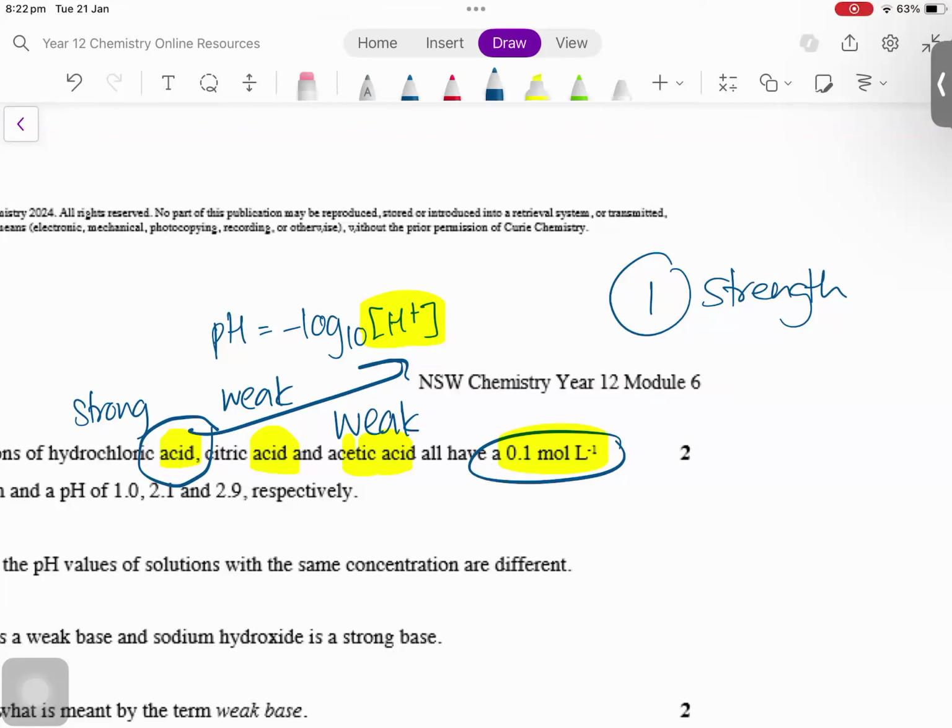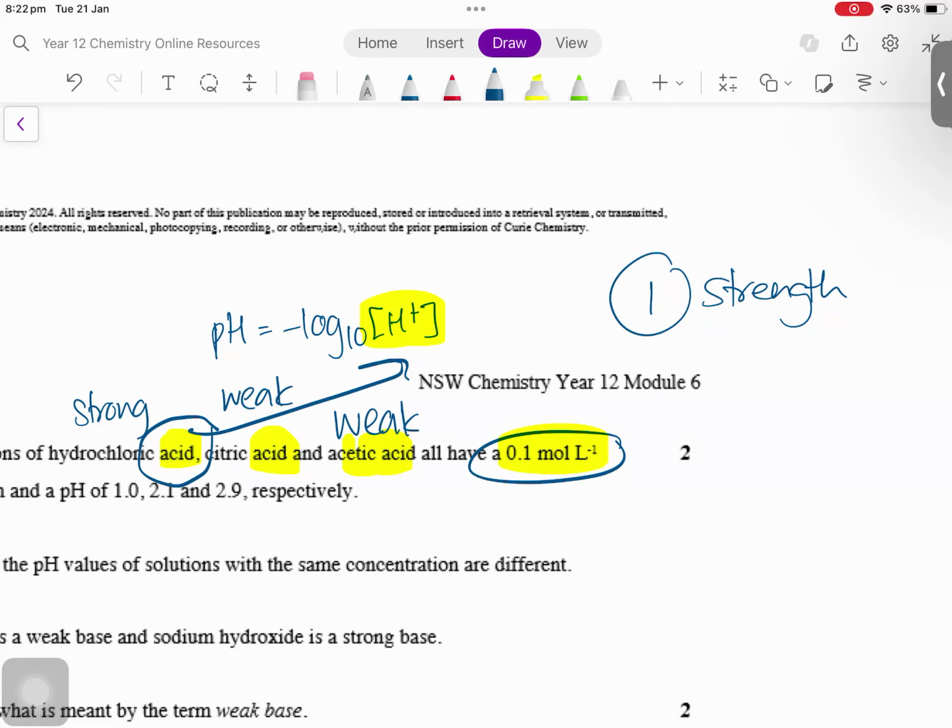Yeah. Can you put your answer to everyone? Just copy paste the whole thing. I want to give you credit where credit's due. Yeah, good. Strength is about if it's even willing to give away its H plus.